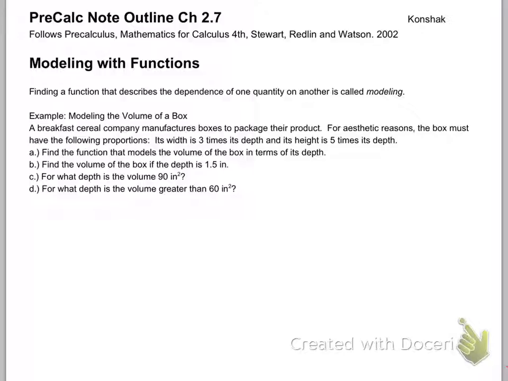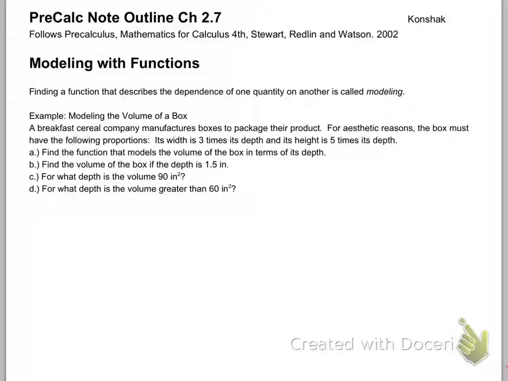So we have 4 things we're going to have to do for this. Step 1, find a function of the volume of the box in terms of its depth d. So everything based off of d. Step 2, find the volume of the box if the depth is 1.5.